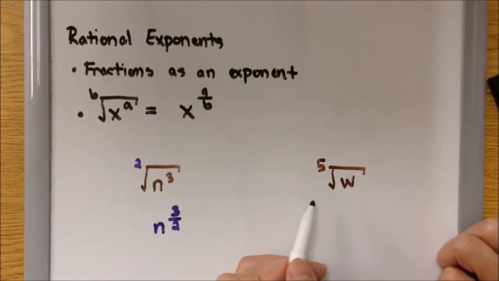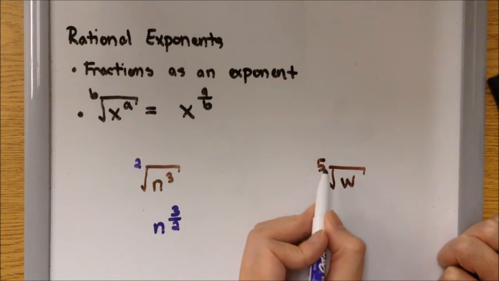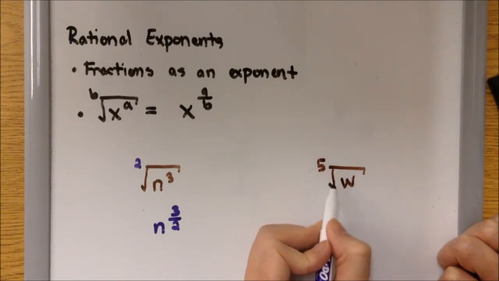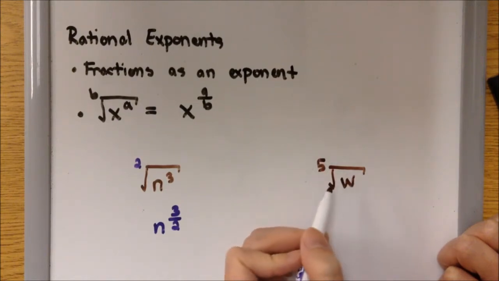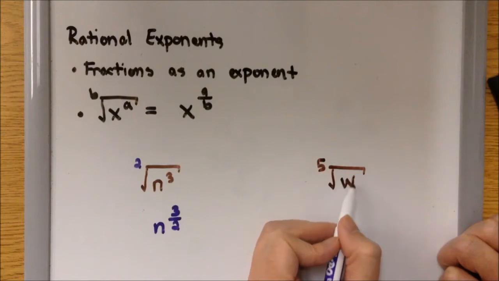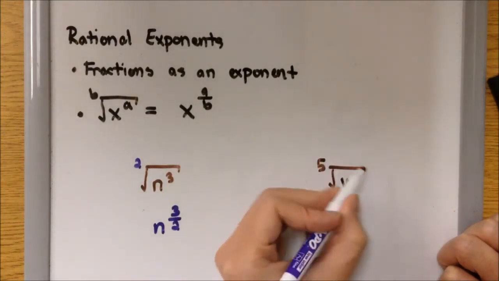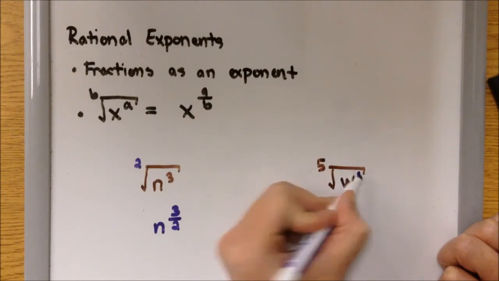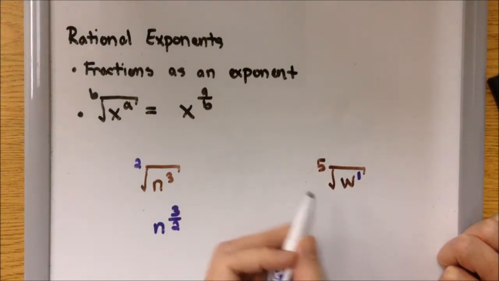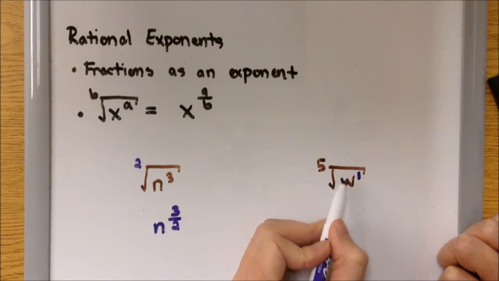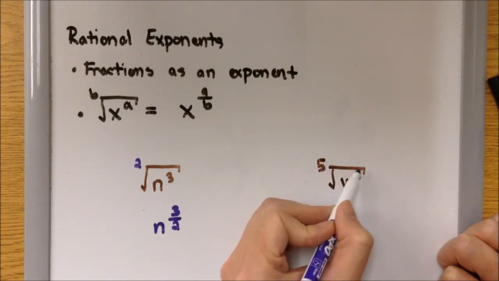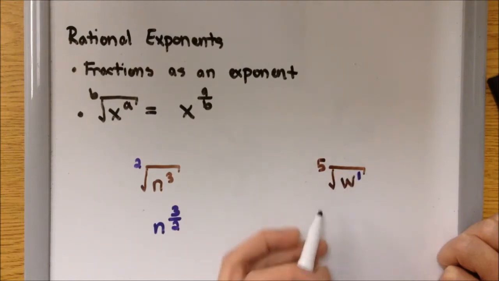Now example 4. The 5th root of w. Now, if it's just a variable by itself with no visible exponent, then it just means an invisible 1 as the exponent. So when you see a number or a variable by itself with no visible exponent, it means it's an invisible 1.